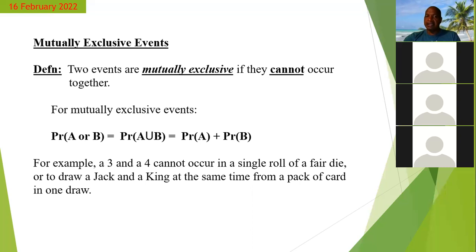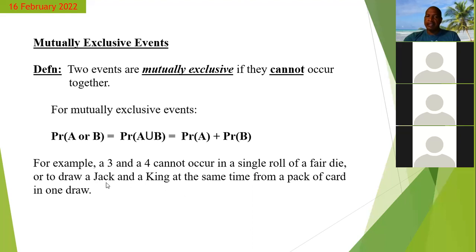And in that case, we are trying to find the probability of A or B, and the way to calculate it is to add the probability of A to the probability of B. Is that clear, guys? And that has to do with mutually exclusive events.